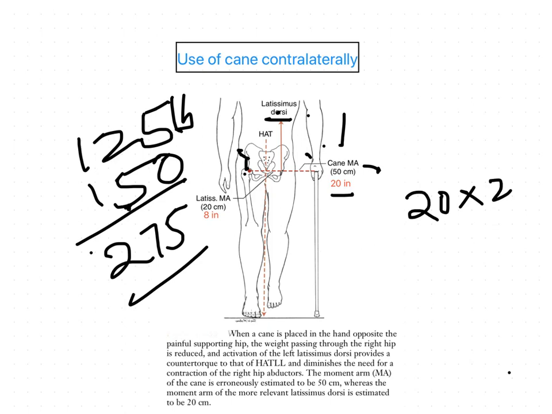So we can maintain a good posture by using the cane on the contralateral side. This is all about the function in unilateral stance.